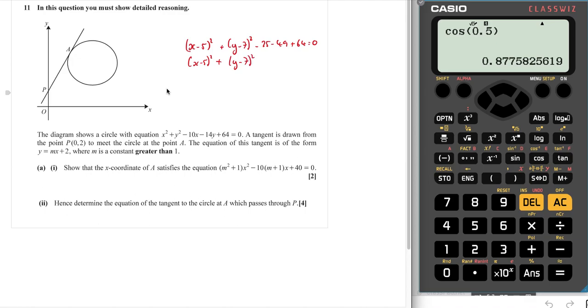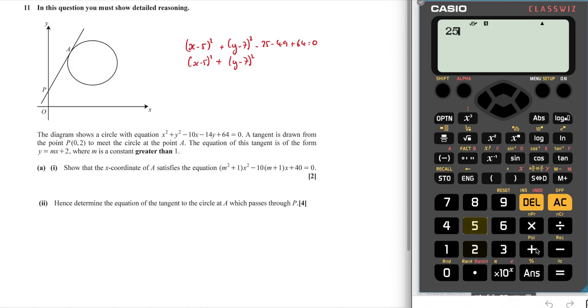What have I got? 25 plus 49, and then take 64. Gives me 10. Okay, so we know this has a centre of 5 and 7. And we know that it has a radius of root 10.